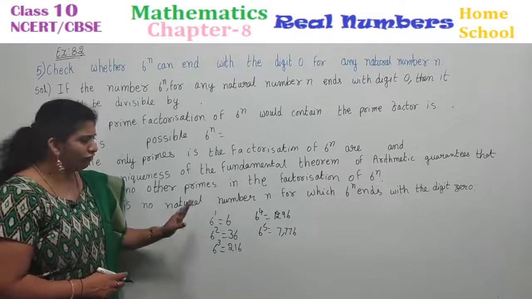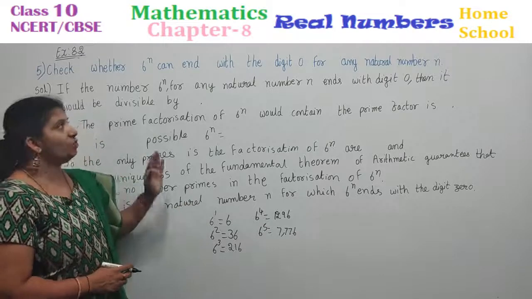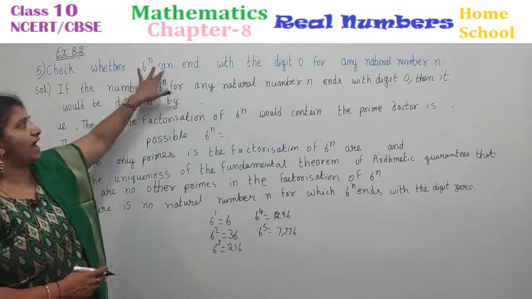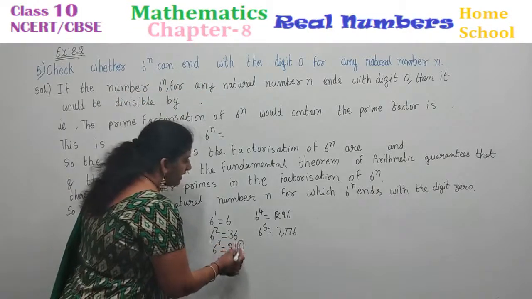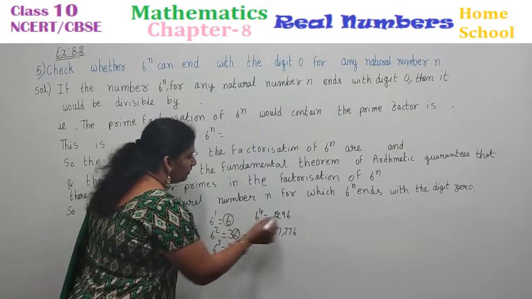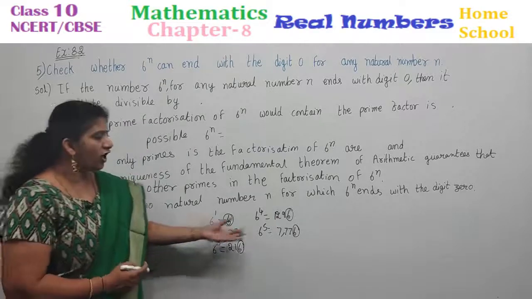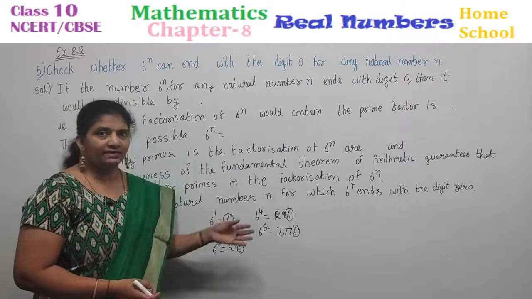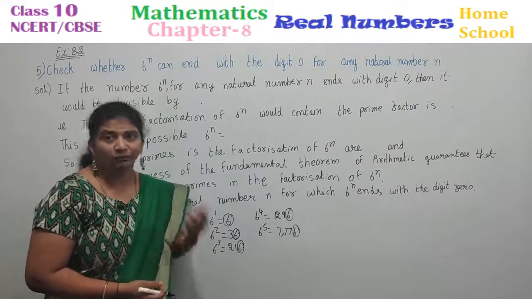Like this, if you go on doing, do you get anywhere that 6 power n ends with the digit 0? No, it's not ending with 0 here. We can say directly no, but it is a theoretical problem. We need to prove it.